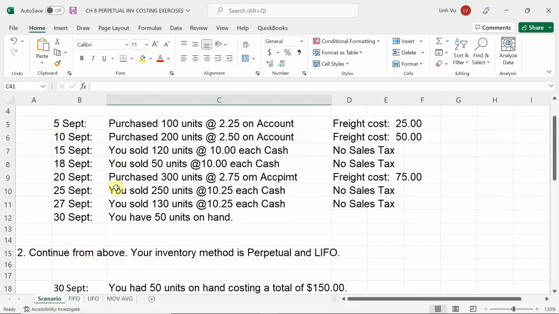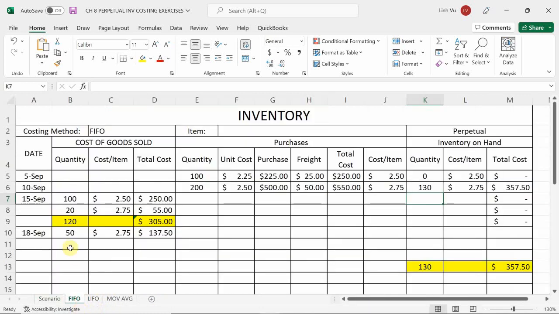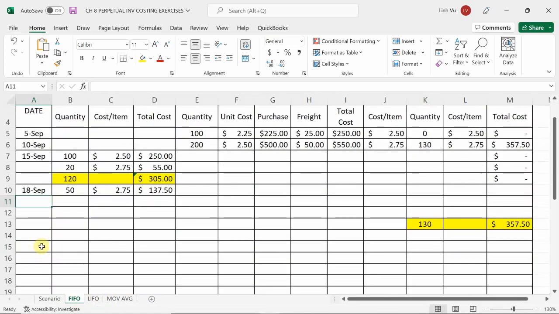Okay, so then on September 20th, we end up purchasing an additional 300 units at $2.75 plus $75 worth of freight. Okay, so there you go. We purchased 300 units at $2.75 and with a freight of $75.